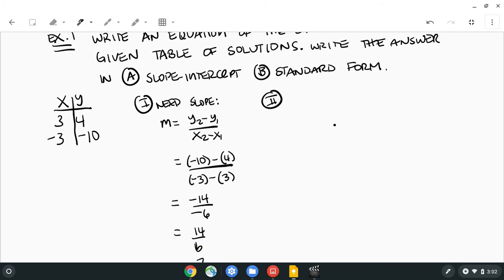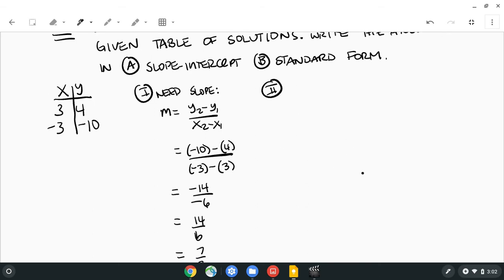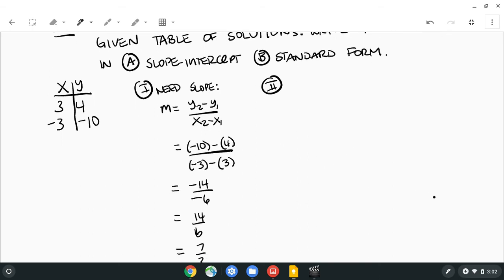It doesn't matter which one you choose, because when you plug it in, everybody's going to get the same value, whether you use 3, 4, or negative 3, negative 10, everyone will get the same value over here for b. So I'm going to choose the first point, 3, 4.